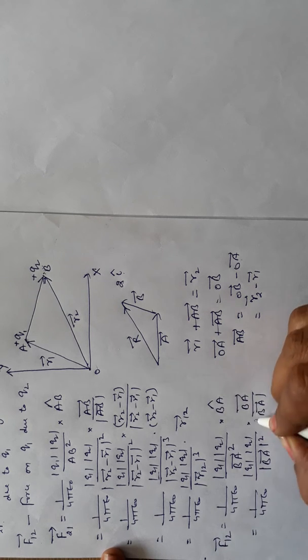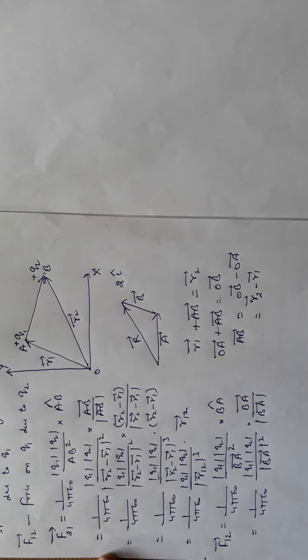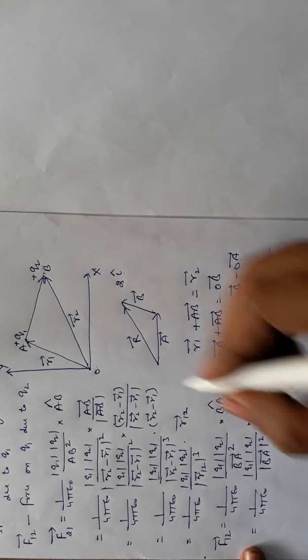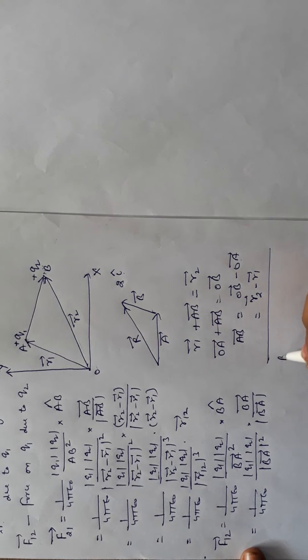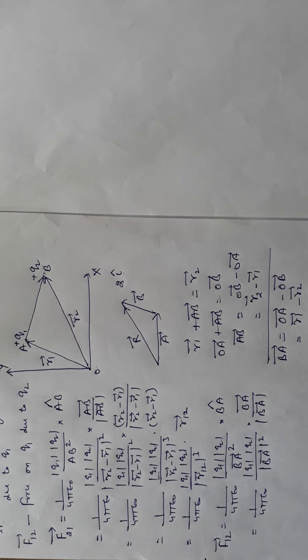Right. Now from here let us see what BA is. From the triangle law, OB plus BA vector is equal to the position vector of final point A, that is OA, minus the position vector of initial point B, that is OB. OA minus OB, and OA was R1 and OB was R2. So BA vector becomes R1 minus R2.